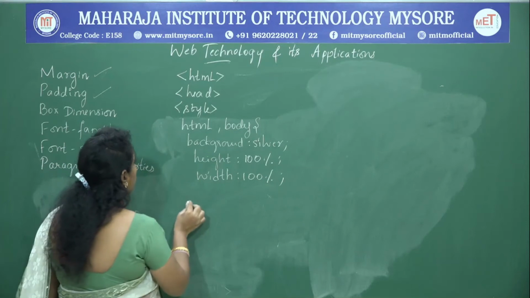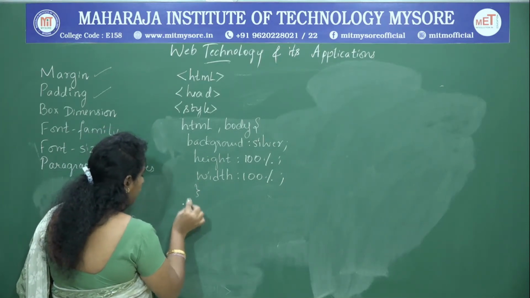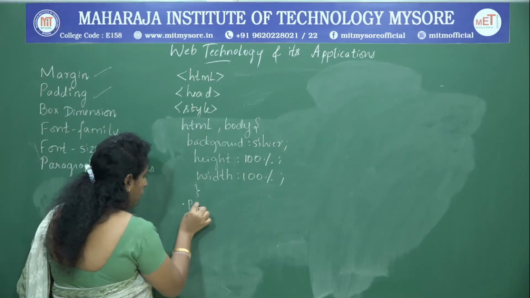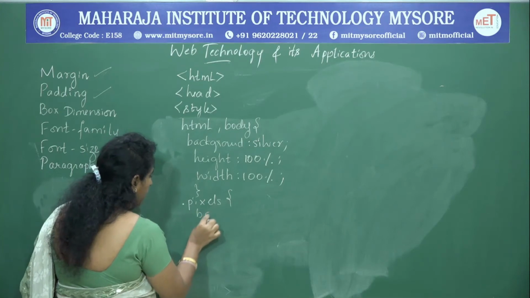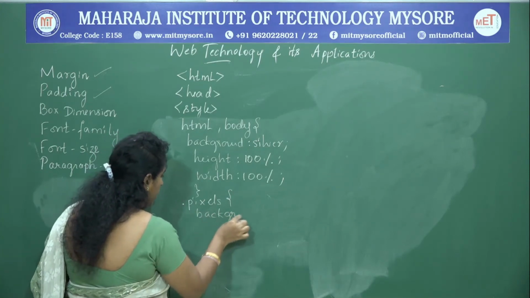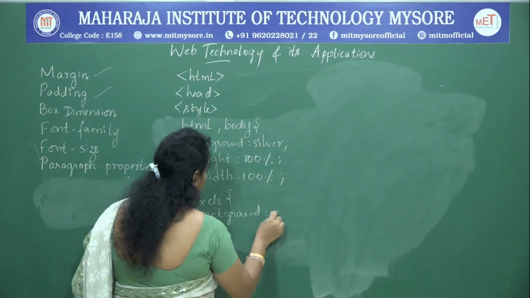Okay, so now close this property, and next I am taking a class called pixels. For that I am giving background color light blue.